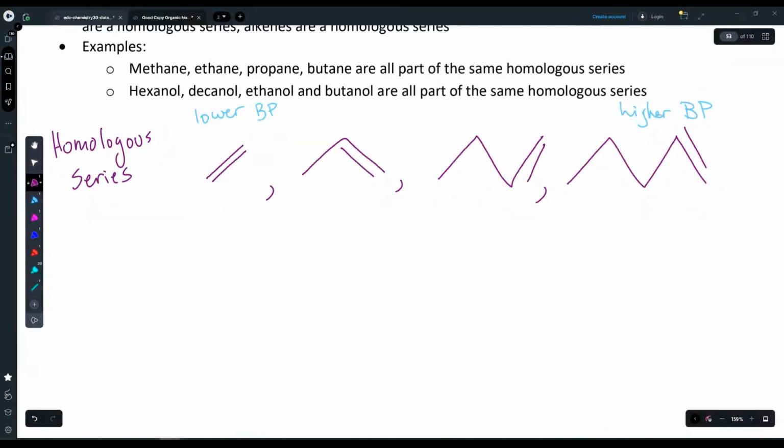Okay, if you wanted to do a homologous series with organic halides, it could look something like this.